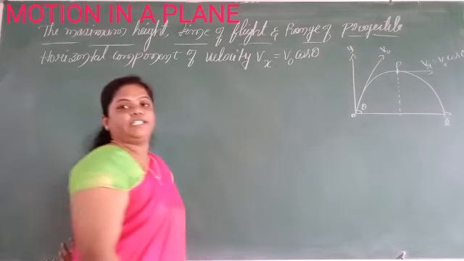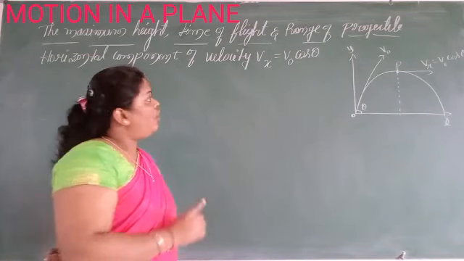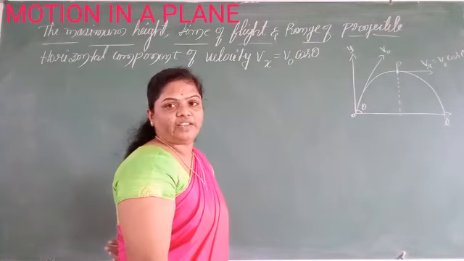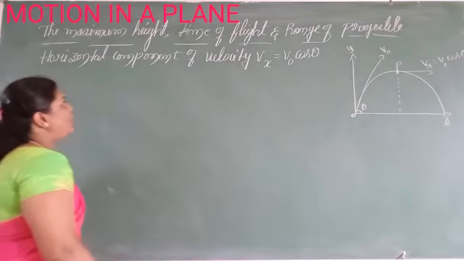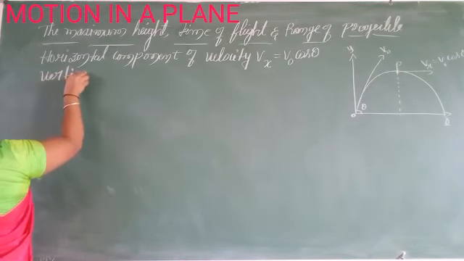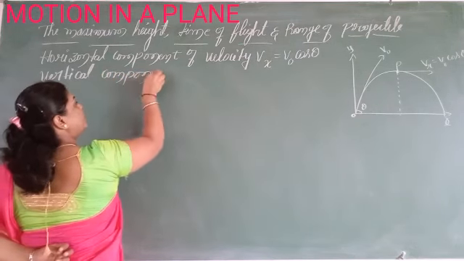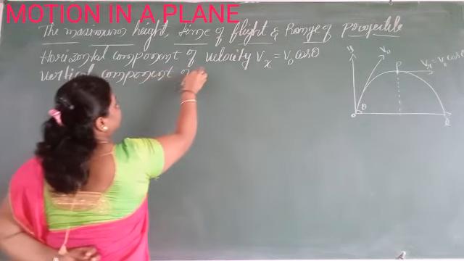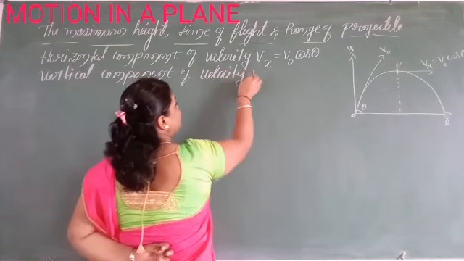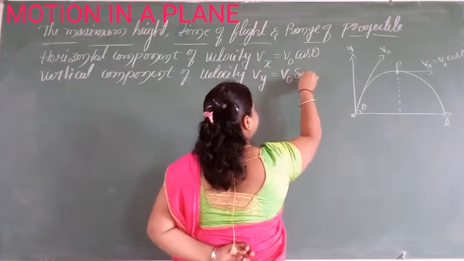So the initial velocity is divided into two rectangular components: the horizontal component of velocity, Vx is equal to v0 cos theta, and the vertical component of velocity, that is Vy is equal to v0 sin theta.